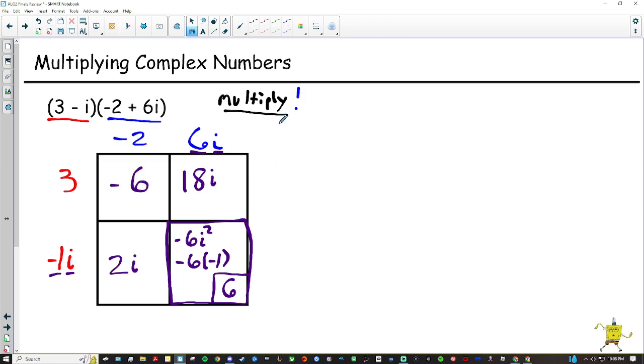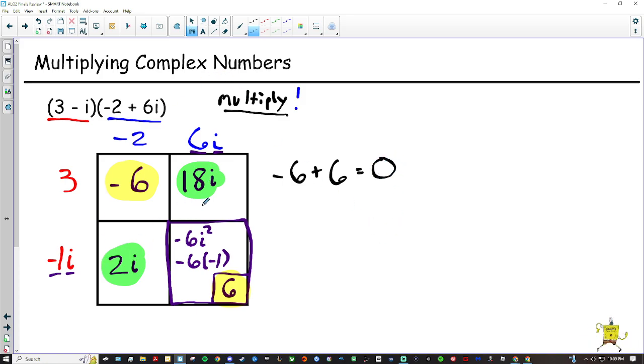Now, just like we did before, to write our final answer, we're going to combine together. So we're going to add our real numbers, and we're going to add together our imaginary numbers. My real numbers, I have -6 plus 6, which is actually 0.